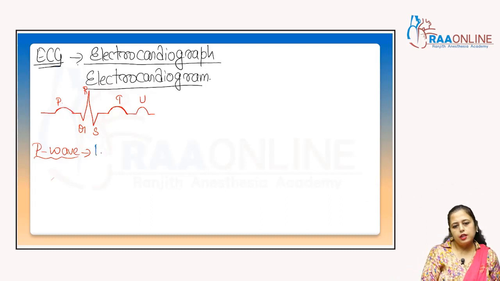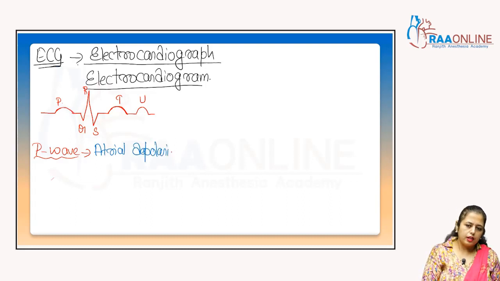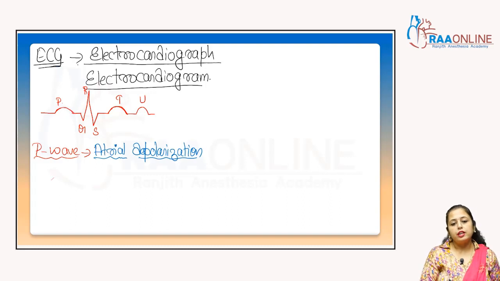It is produced during the atrial depolarization, right? That means at the time of contraction of atria, the P wave is generated, right?